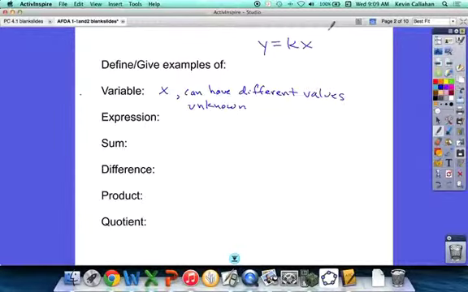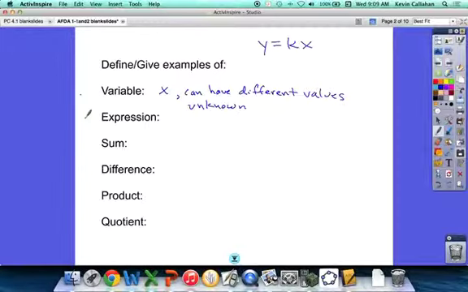What do you mean by an expression in math? Or give an example of an expression. It's not an equation. Specifically not an equation. An expression is something without an equal sign.